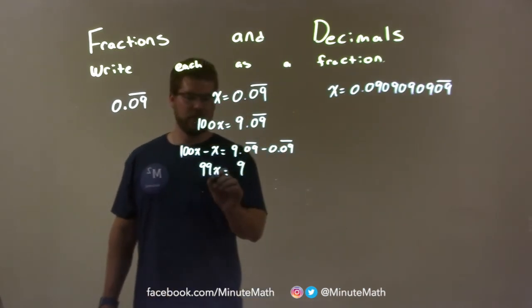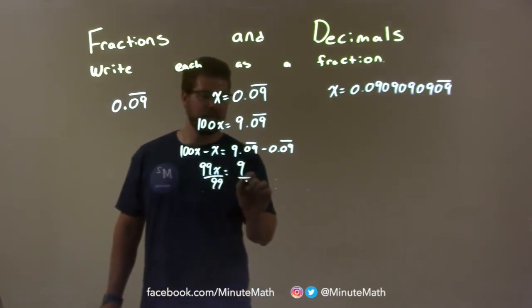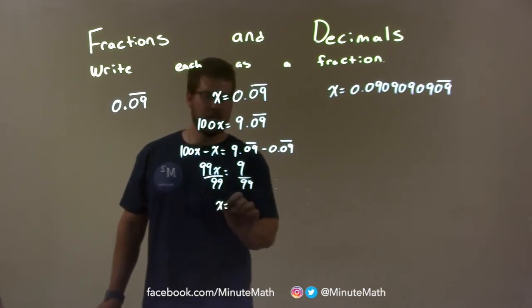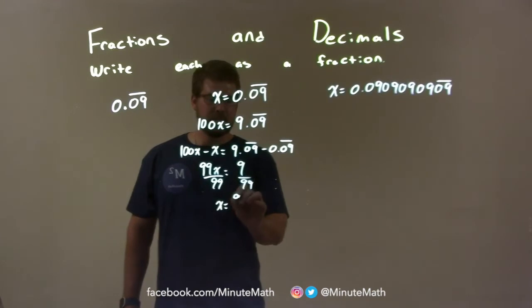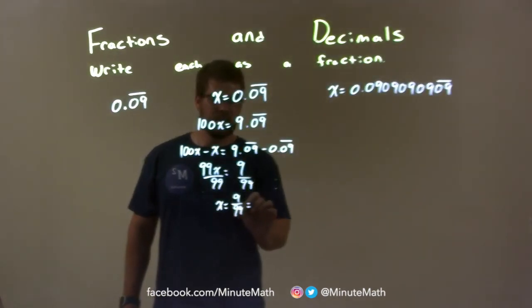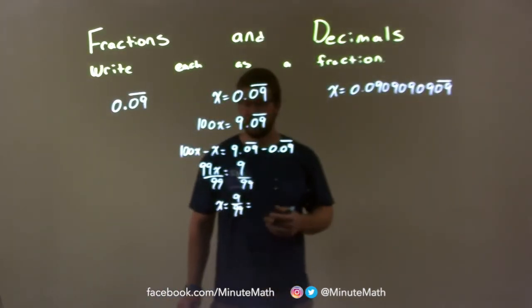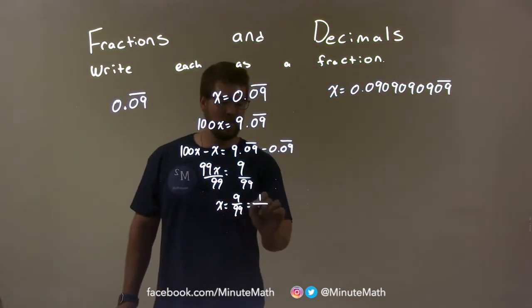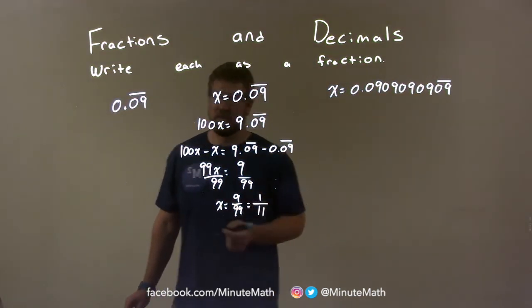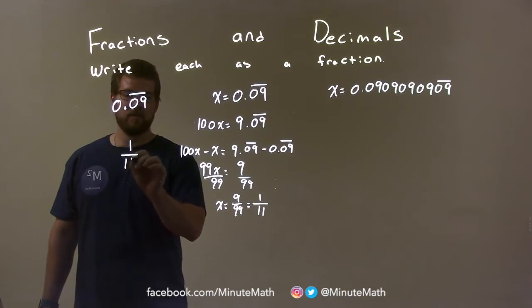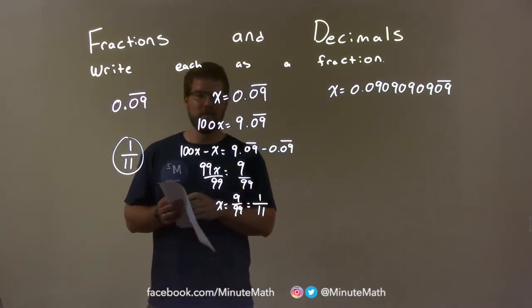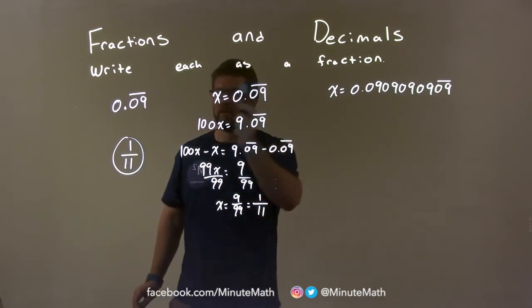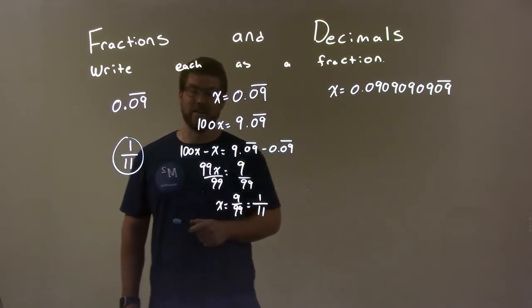I solve for x, divide both sides by 99, and I'm left with x equals 9 divided by 99, which we can simplify. Both are divisible by 9, so we have 1 over 11. Our final answer is just 1 over 11. That's what x is equal to, and x is equal to 0.09 repeating forever. And so there we have our fractional answer.